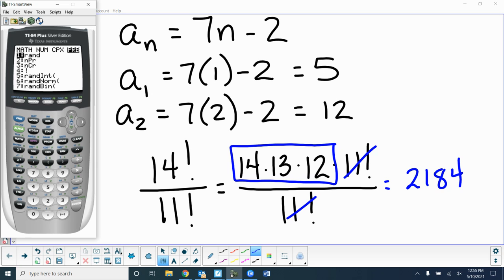Oops, I forgot to put 11. Math, PRB 4. Okay? But if you can't find those symbols, just remember what the exclamation point means. Just starting at that number, going down all the way to 1, and you're multiplying. Right?